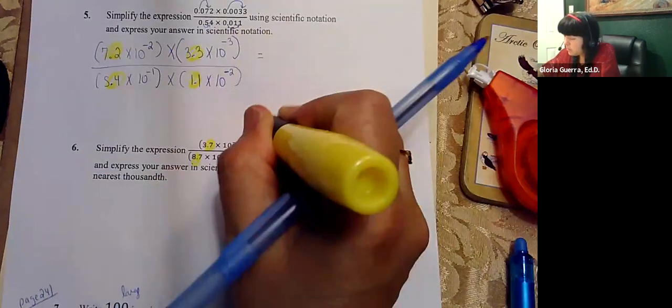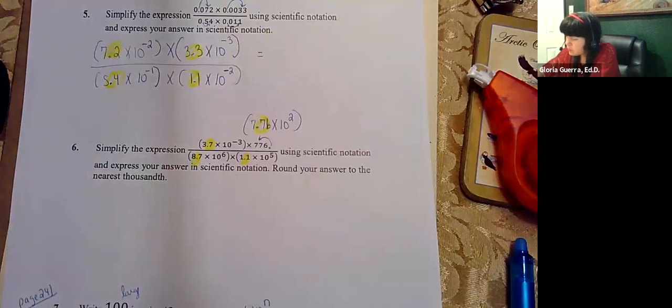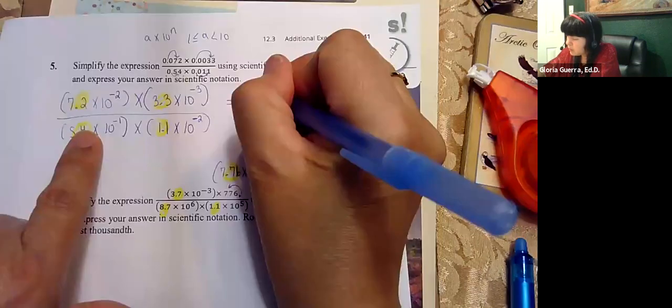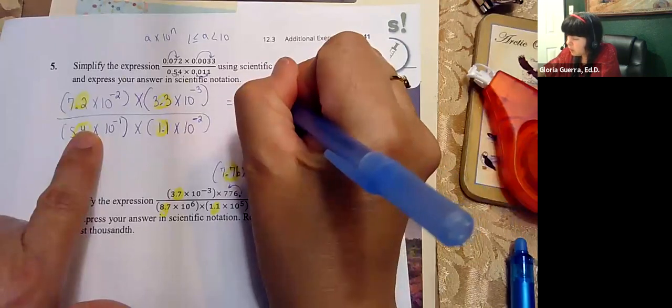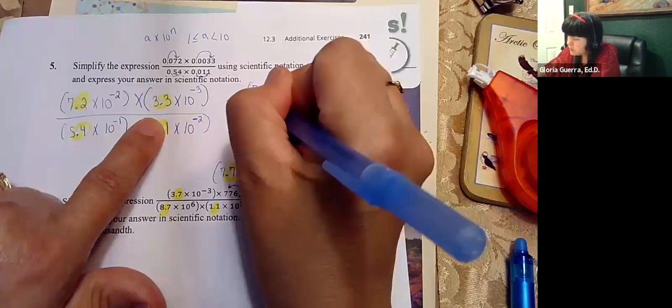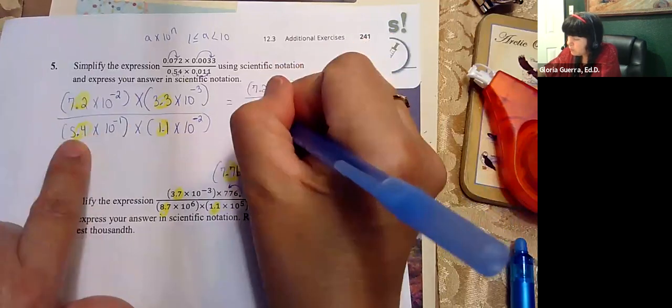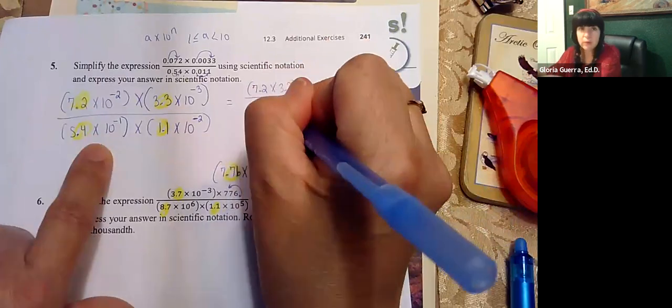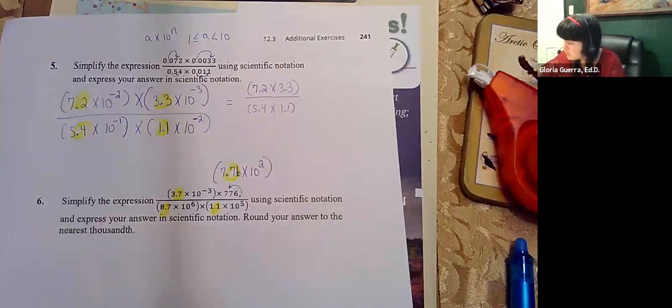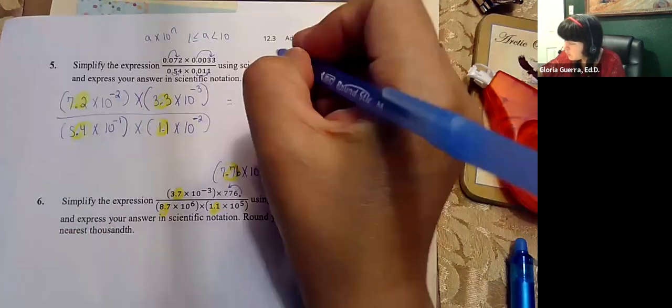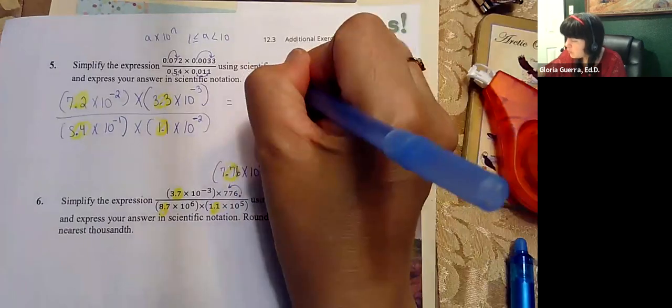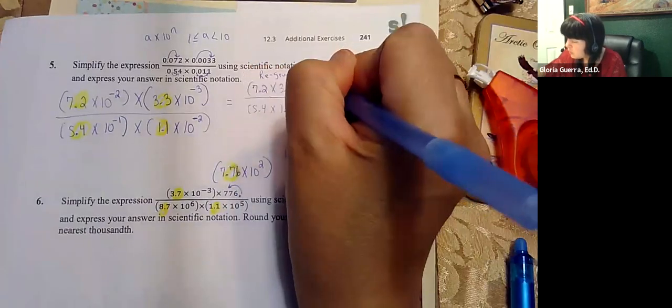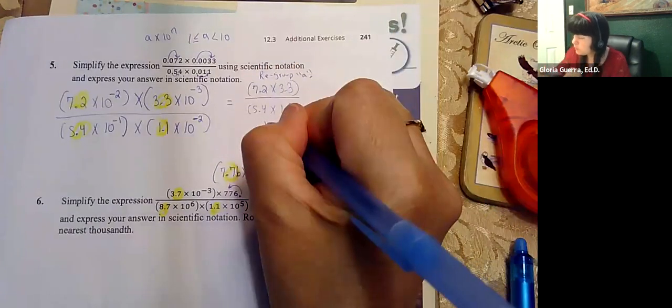So this would be 7.2 times 3.3 in parentheses, and then all over parentheses 5.4 times 1.1. So you're regrouping all your A's, and then you're going to use the calculator on that.